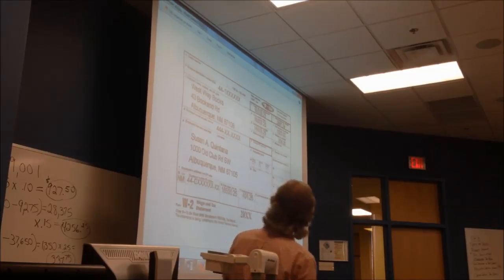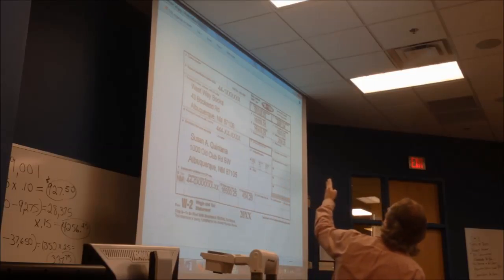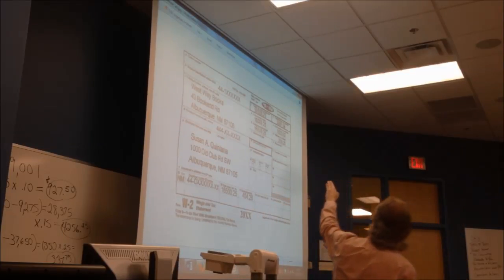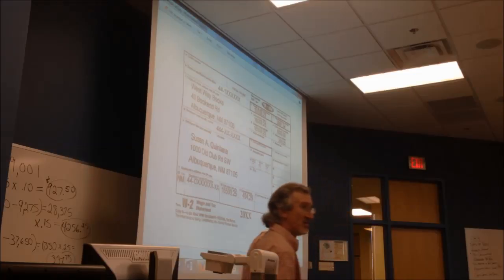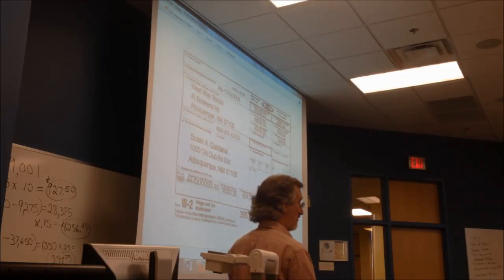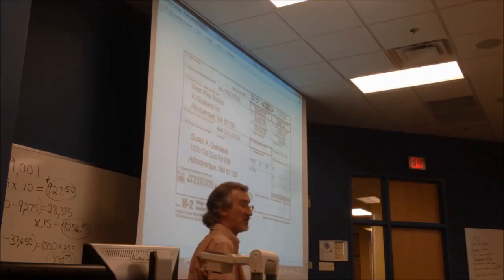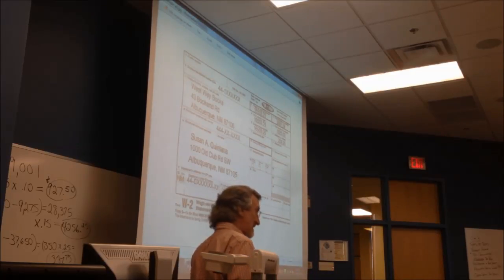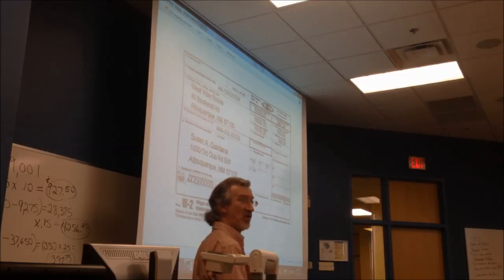I want you to be prepared for box 3 and box 5 to be different from box 1. Get used to that, because when you're out there working for a big corporation, you're going to be asked to get into the retirement program. They're probably going to offer some matching, so you're going to say, yes, I've got to get that matching.